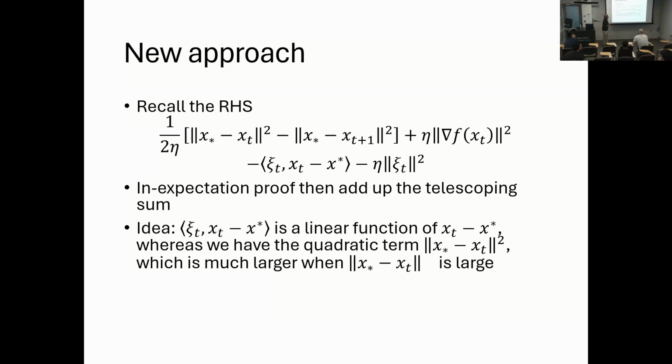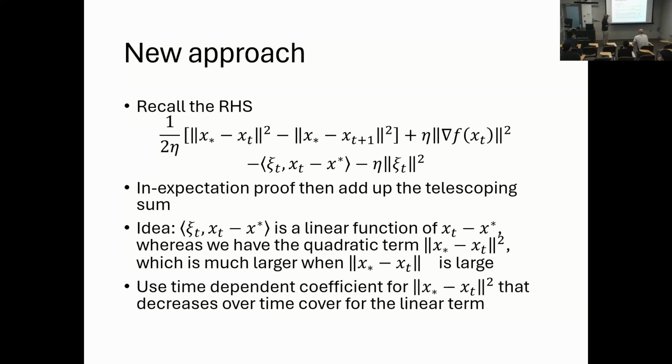The standard in-expectation proof just adds up everything with coefficient 1 so that they telescope. But what we can do is change the coefficient of this quadratic term so that the coefficient will go down over time. So every step we take a little bit of the quadratic term to compensate for the linear term.